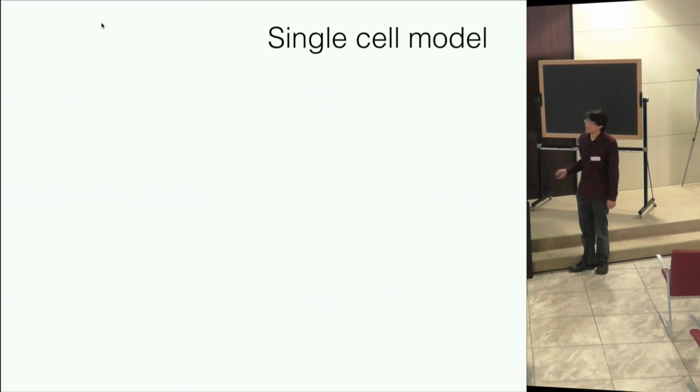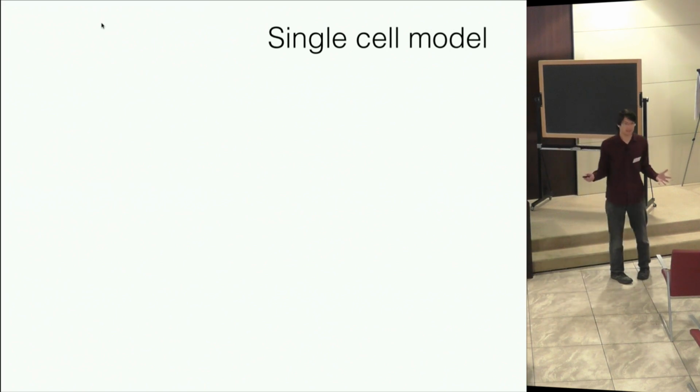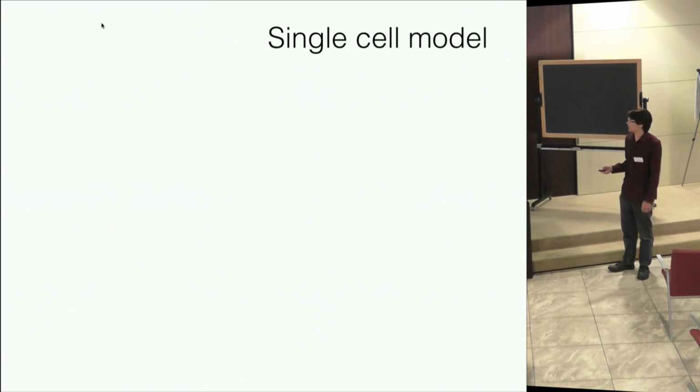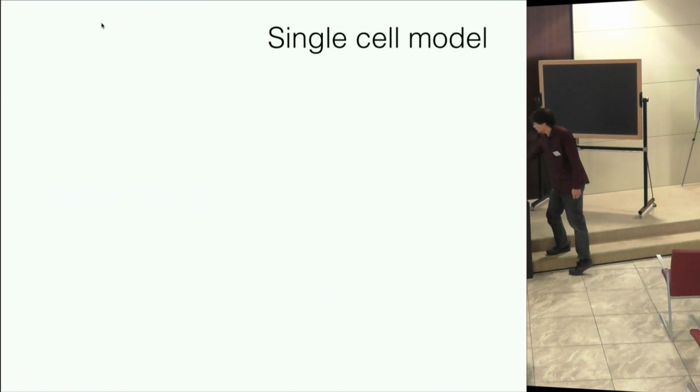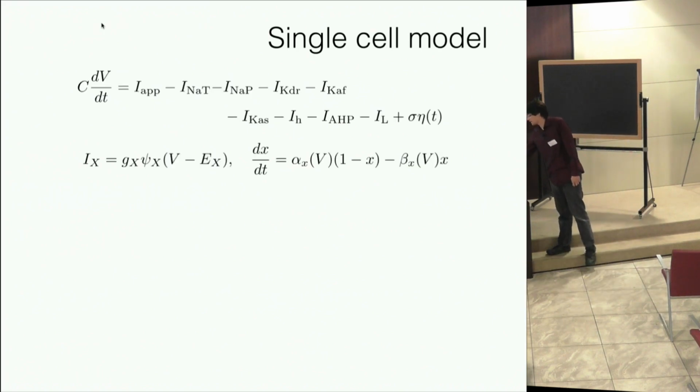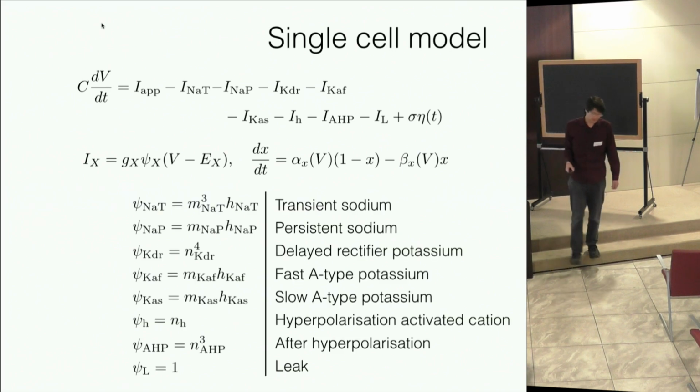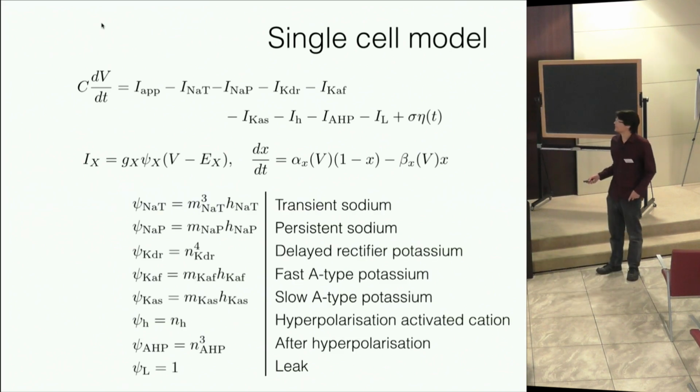Okay, so that is the experimental setting, and this is the question that we're trying to get a handle on in this single cell model. And what we did was we took a model that was sort of the classic Hodgkin-Huxley type. So I said that this was going to be more of a standard ODE framework. So it has a whole bunch of different currents that are involved in this.